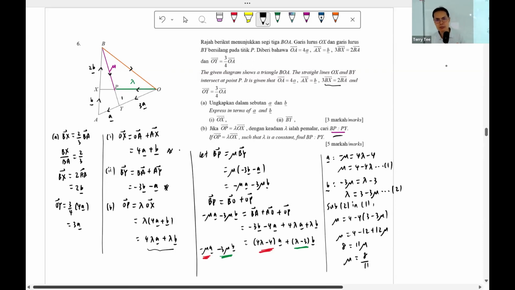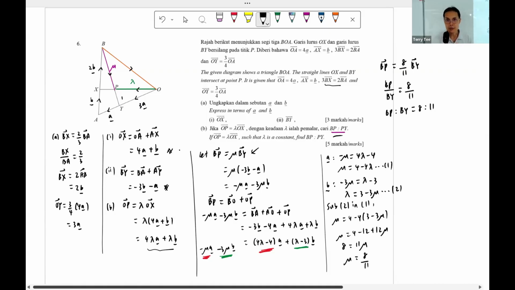Okay, what is my mu? Mu is this BP to BY. So let me write here. BP is 8 over 11 BY. BP to BY is 8 is to 11. BP to BY has a ratio of 8 to 11.